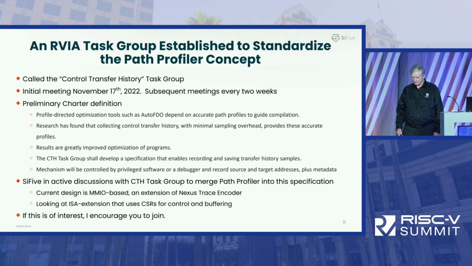One of the discussions right now is whether this should be an ISA extension adding new CSRs, or MMIO-based, which is more what we've implemented because it's an extension to trace, which is also MMIO access to the control registers and the buffers.